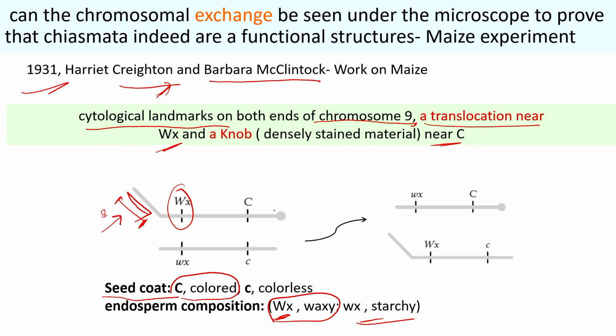one thing, and the other mark is this densely stained material near the seed coat color gene, right. So that is what is here. What she was analyzing was, if recombination is taking place, then what would happen?